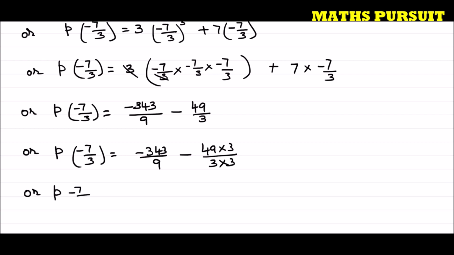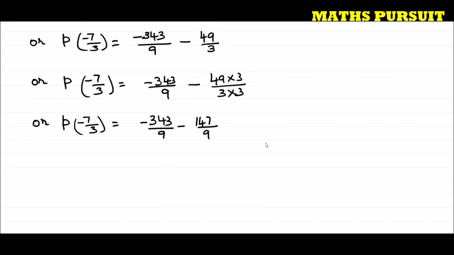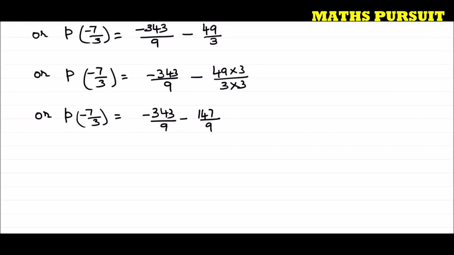So P(-7/3) = -343/9 - 147/9. Guys, I am moving very slowly and step by step so that you can understand. I am not skipping any step, so that you can easily grasp this.